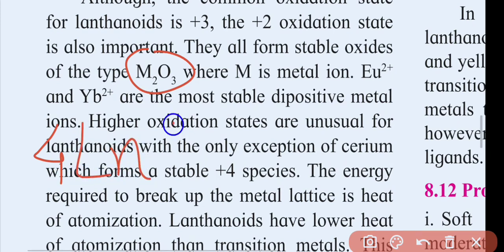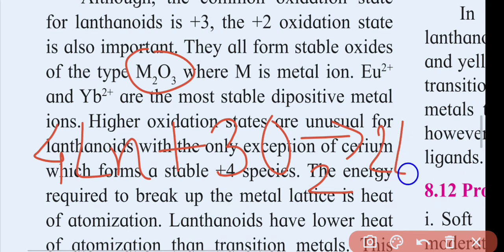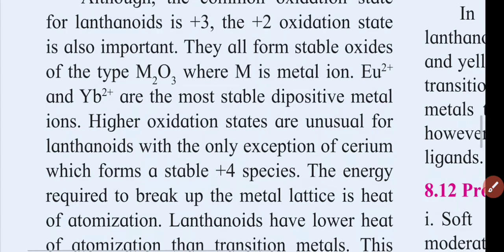We can consider 4Ln, that is lanthanides, plus 3O2. Here you get 2Ln2O3, that is lanthanoid oxide.